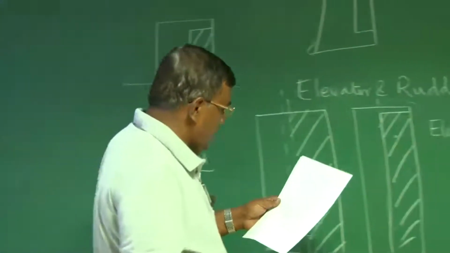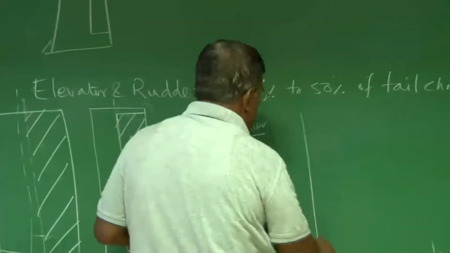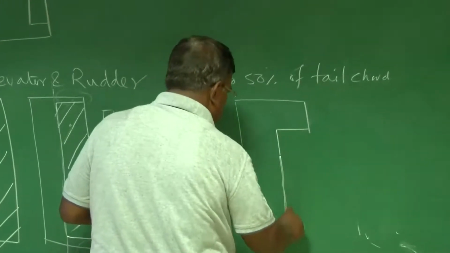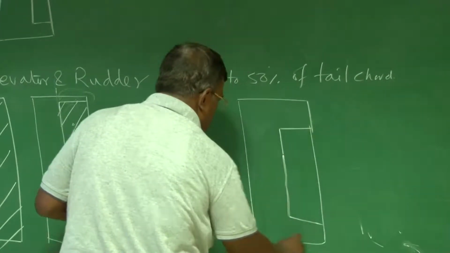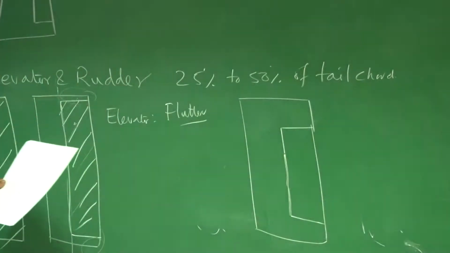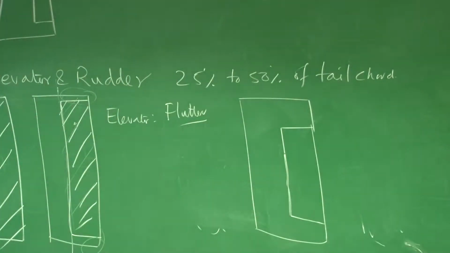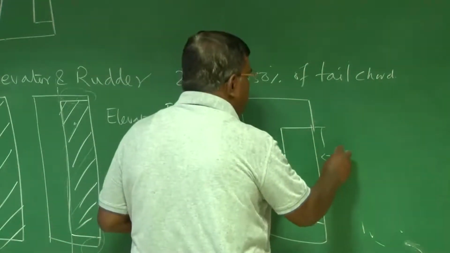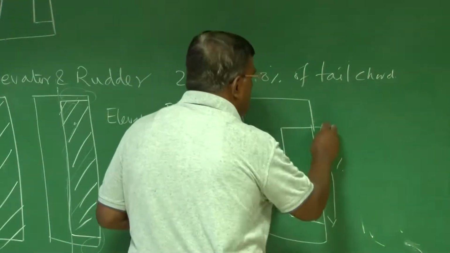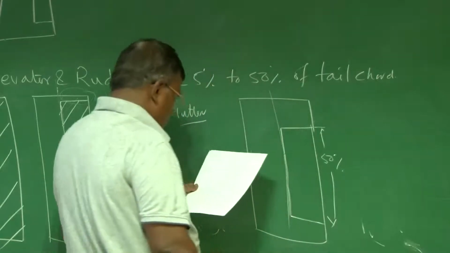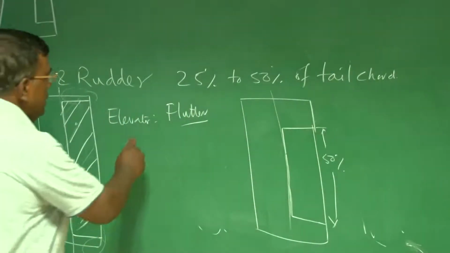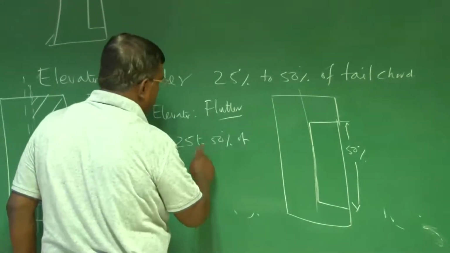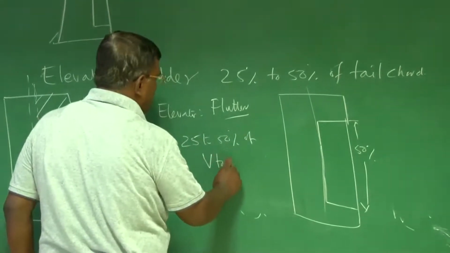Similarly for rudder, you will see that for a high speed airplane, rudder will be around 50% of the span. And as far as the chord is concerned, that is whatever I have told you earlier, 25 to 50% of vertical tail chord.